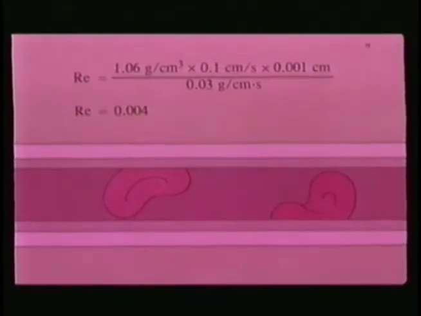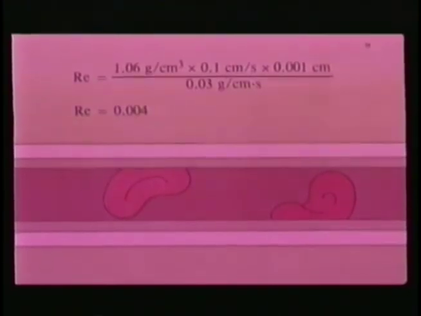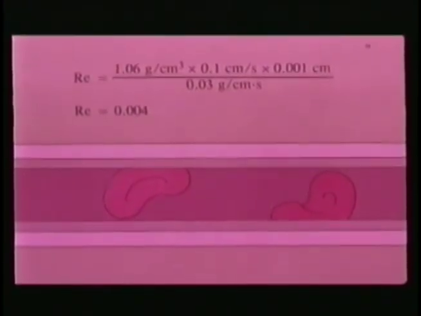In a capillary with a diameter of 10 microns, 0.001 centimeters, and a mean linear velocity of 0.1 centimeters per second, the Reynolds number is only about 0.004. Therefore, flow is never turbulent in these small vessels.